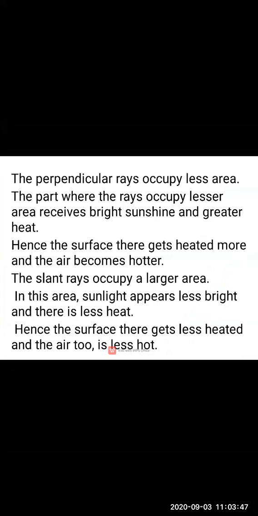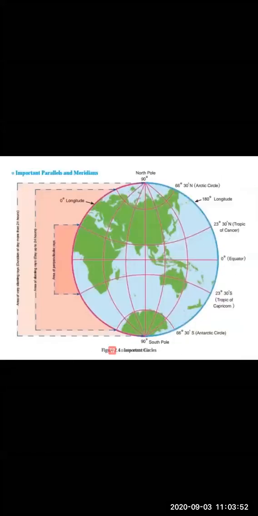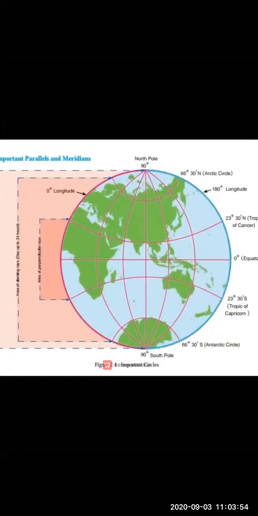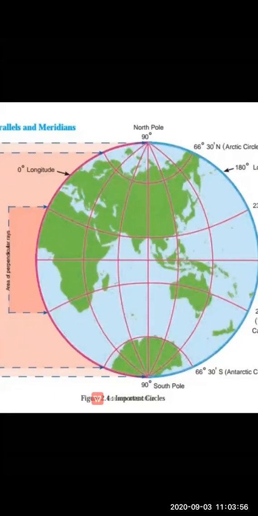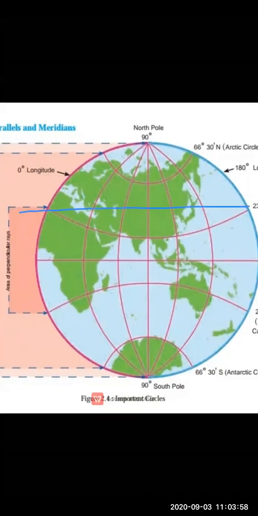See here, this region where the rays are, I'll show you. This region is receiving perpendicular rays. So what is happening? The part where the rays occupy lesser area receives bright sunshine and greater heat.